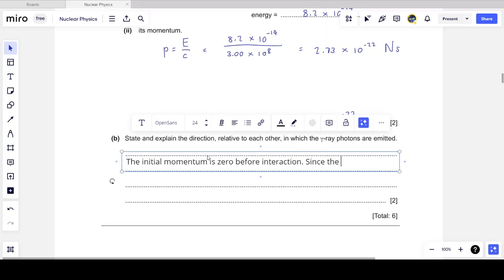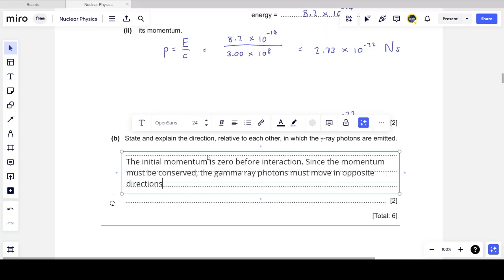Now, since the momentum must be conserved before and after the interaction, the gamma ray photons must move in opposite directions. They have to move opposite to each other. They must move in opposite directions.